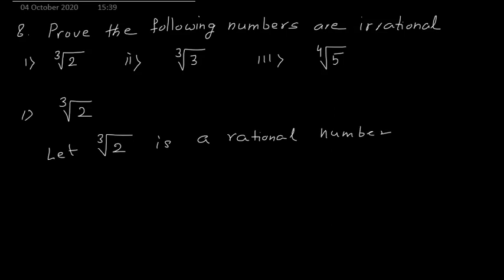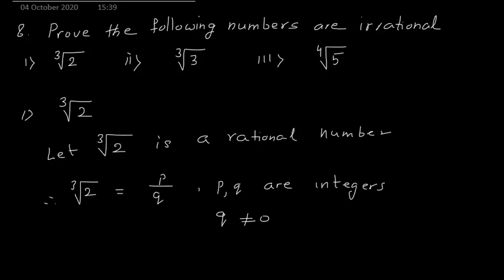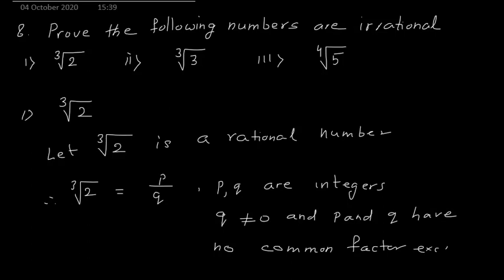So therefore we can write this third root of 2 as p upon q, where p, q are integers and q is not equal to 0, and p and q have no common factor except 1.